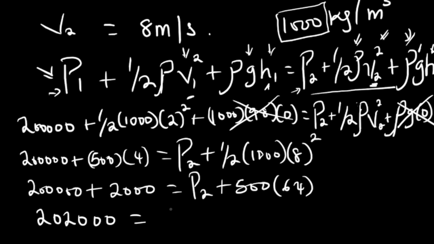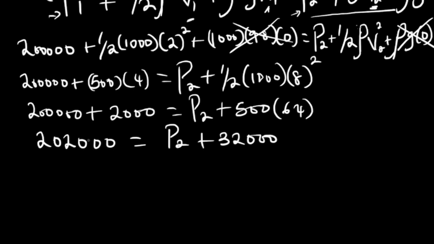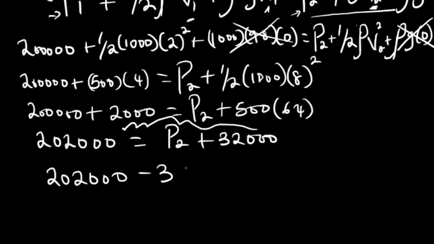So this is equal to P sub 2 plus 32,000. To solve for P sub 2, which is the second pressure, we can move this 32,000 to the other side. And we now have 202,000 minus 32,000 equal to P sub 2.